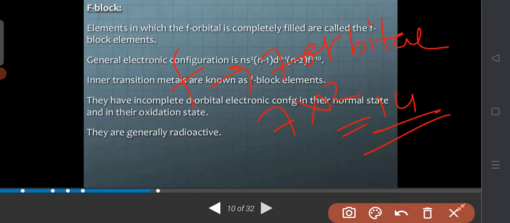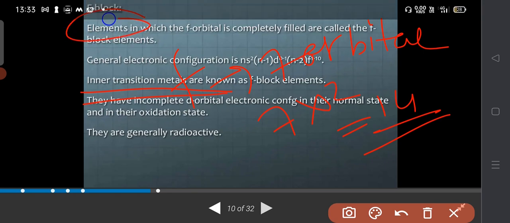So if any f electron is present in the electronic configuration of an atom, it is called an inner transition metal, as well as an f block element.